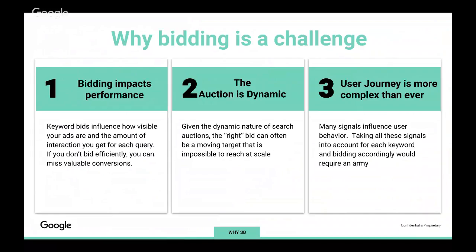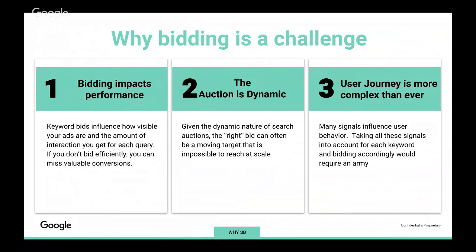And also the user journey is more complex than ever. This is about the cross-device and keyword paths that we have seen. On average, people have 3 or 4 devices, like your personal laptop, your office laptop, your personal phone, your work phone, and people have different kinds of cross-device journeys when it comes to purchase, and also different keyword paths when it comes to buying products or services.